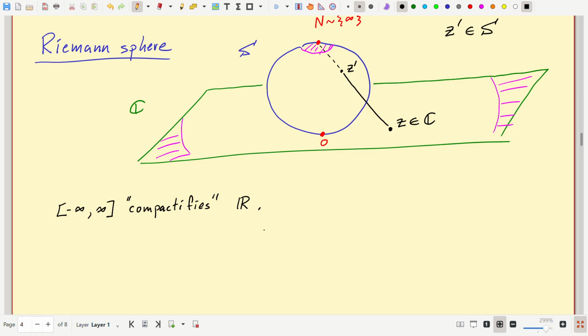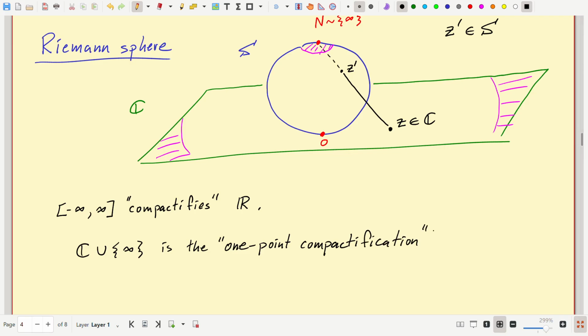But when I take C union this abstract point at infinity, that is the one-point compactification of the complex plane.